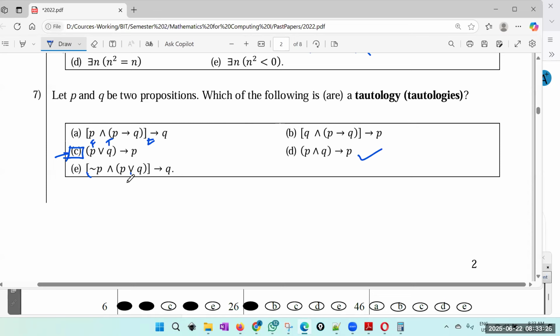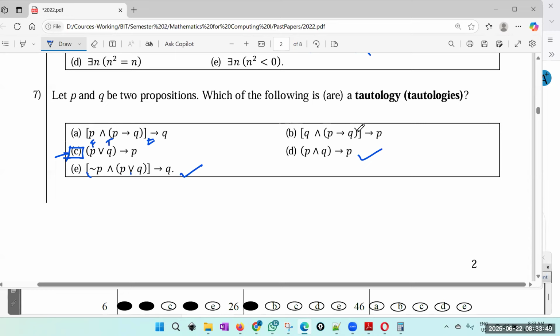This says P or Q has happened, but we know that P has not happened. So definitely Q must have happened. For me, this is a tautology. Okay, so let's try to do that because otherwise it takes more time.